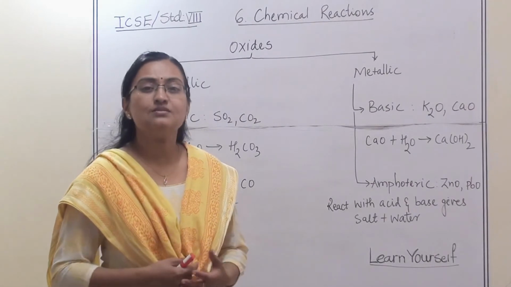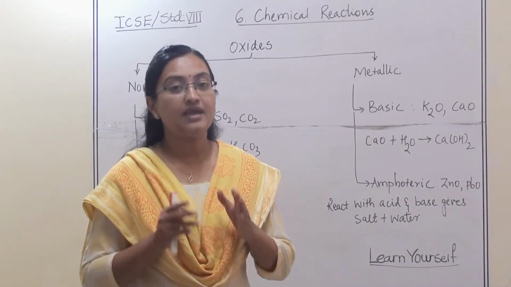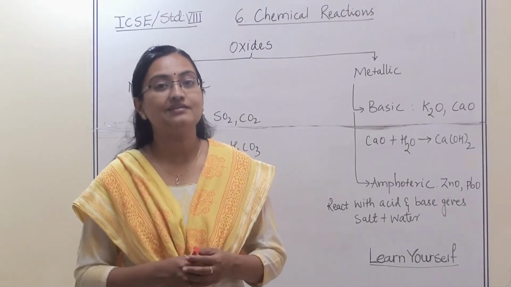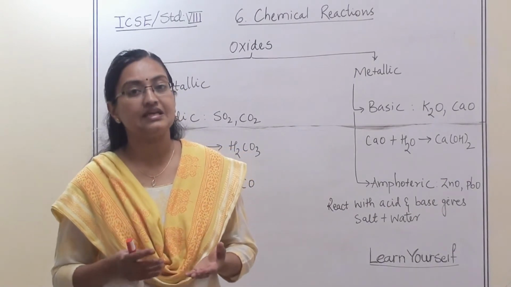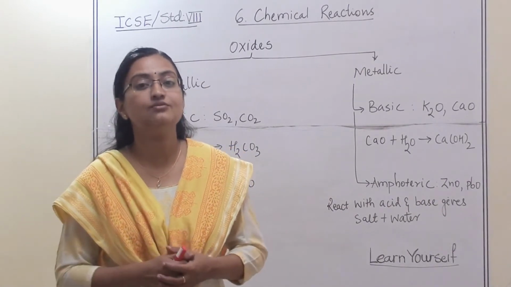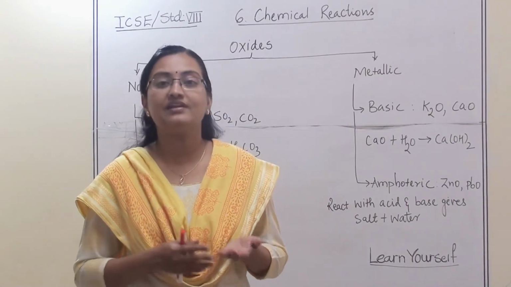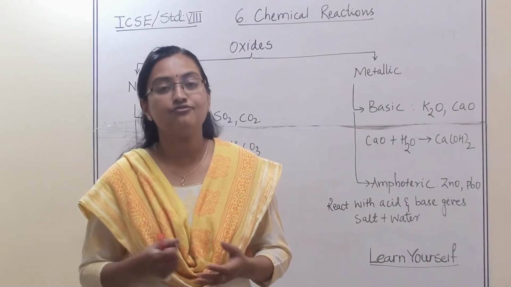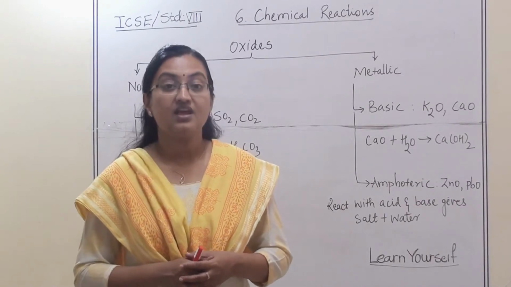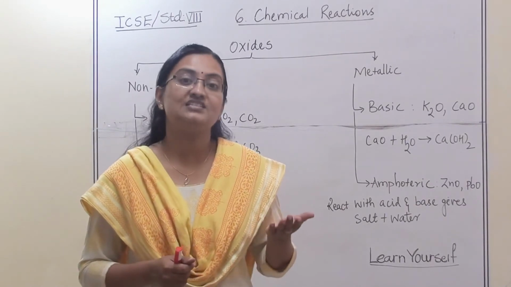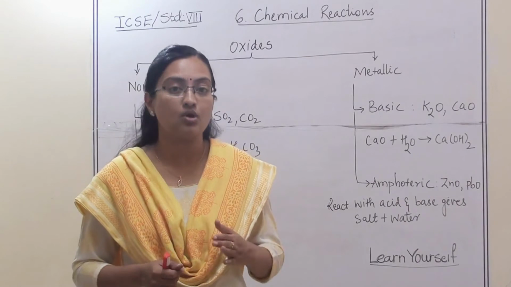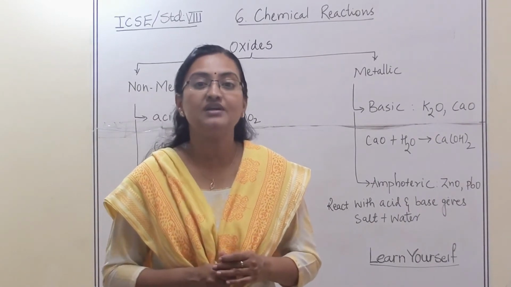Oxides. What is the meaning of oxide? When any metal or non-metal reacts with oxygen, it forms the respective oxide. Any metal, for example potassium, will react with oxygen and form potassium oxide. Any non-metal, for example carbon, will react with oxygen and form carbon dioxide.